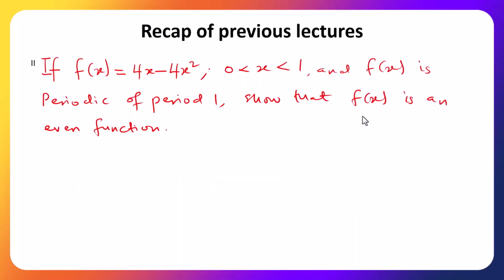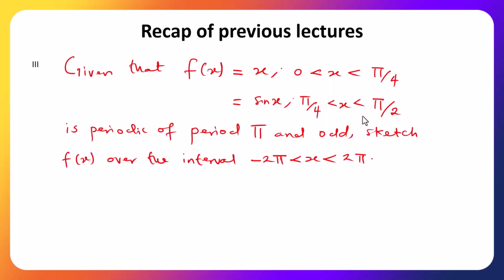Also, we were given this question: to show that f of x is an even function, where f of x is equal to 4x minus 4x squared in the interval 0 less than x less than 1, and f of x is periodic of period 1.